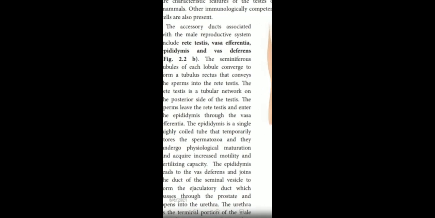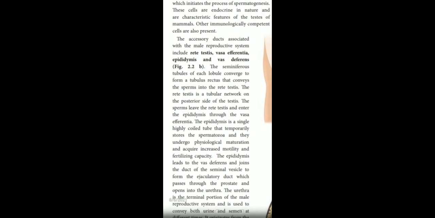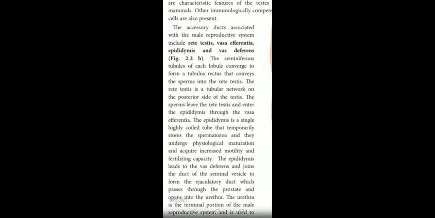The seminiferous tubules of each lobule converge, meaning they meet or join, to form the tubulus rectus. You can find the structure of the tubulus rectus in your textbook. All the seminiferous tubules of each lobule converge to form the tubulus rectus.